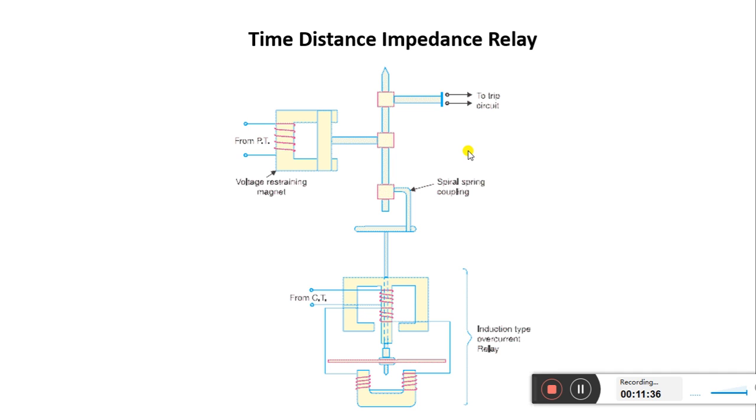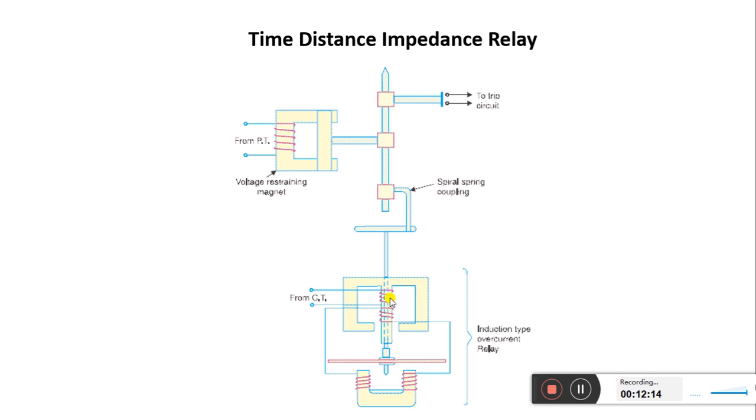And here we can say that operating time is proportional to the voltage applied across the potential transformer. It means if more voltage is applied across the potential transformer, the operating time will be less because the disc will move faster. Similarly, current is applied to the current transformer, and this current will increase if there is a fault.